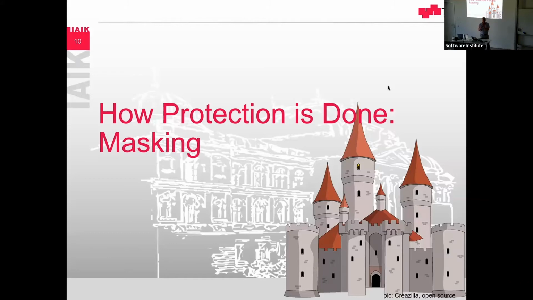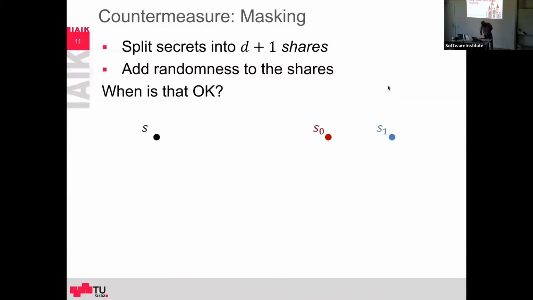Well, if you just put your secret into a circuit and somebody can measure a wire, they can measure at least 1 bit of your secret, right? This is not going to work. We're going to add randomness, and at the same time, we want to be able to reconstruct the secret in the end.